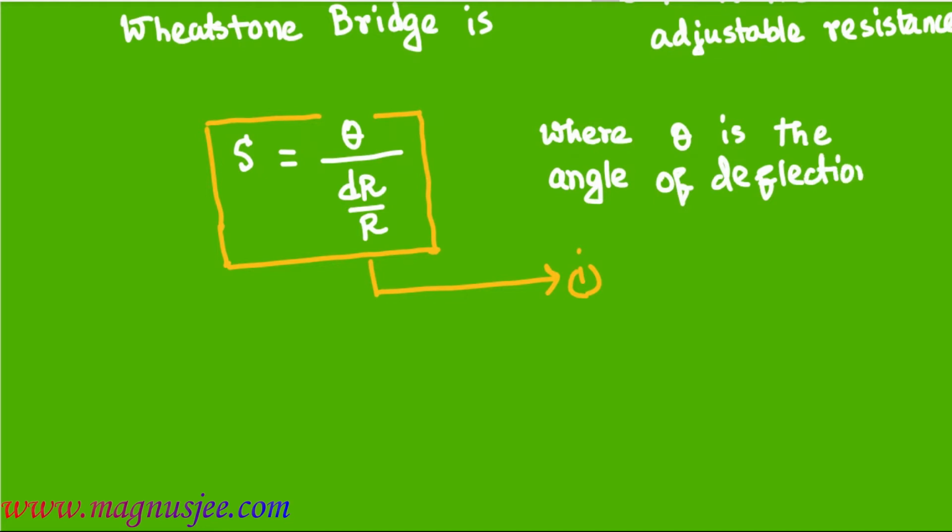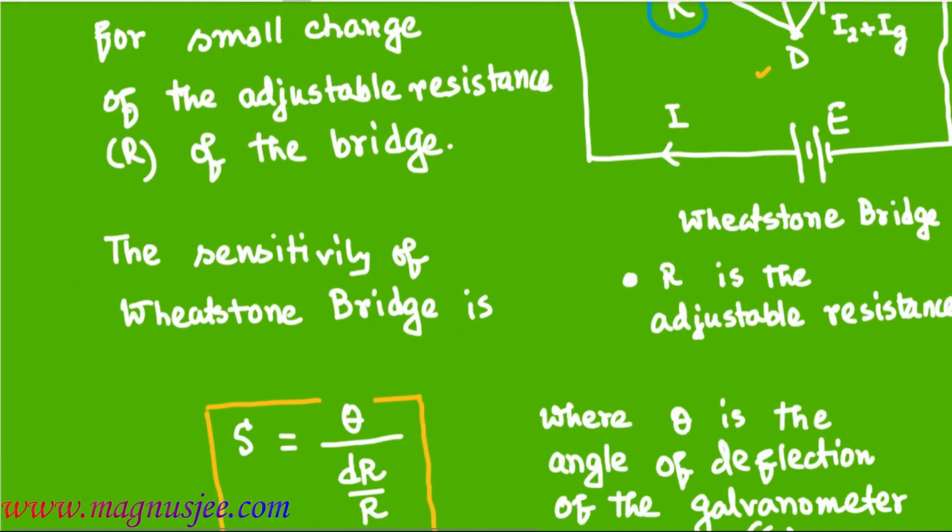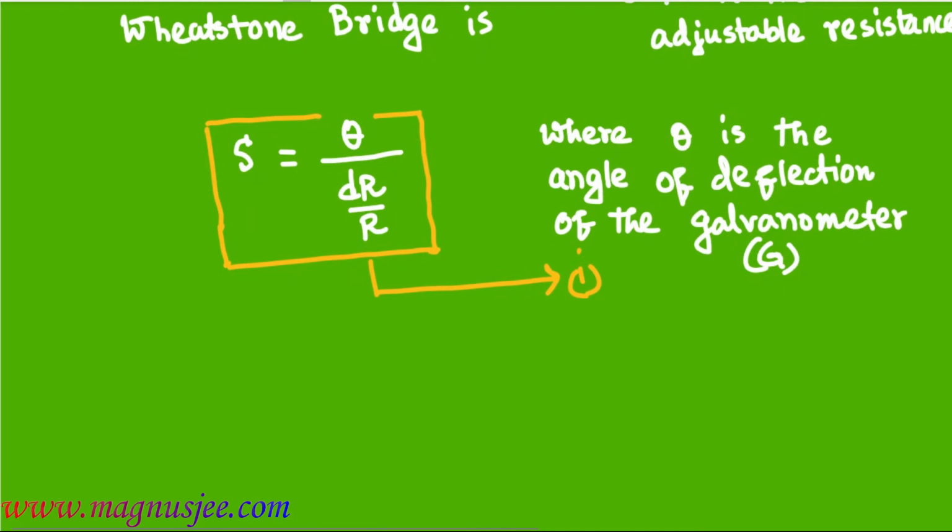That is, theta is the angle of deflection of the galvanometer G. Here G is the galvanometer connected between B and D, and theta is the angle of deflection produced in the galvanometer G due to flow of current.